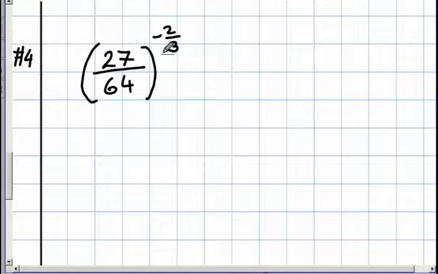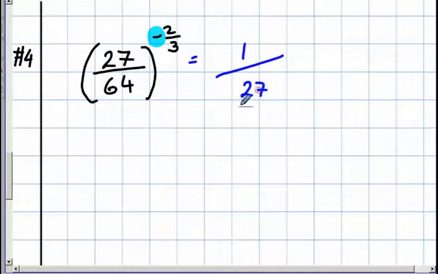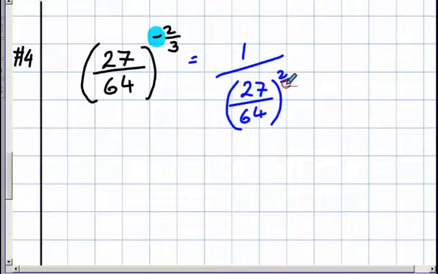Right. Okay, so the minus sign tells us we've got the reciprocal. My answer is 1 over 27 over 64, all to the power of 2/3.